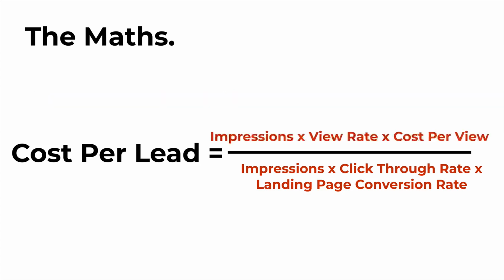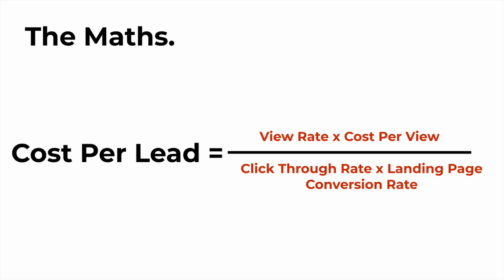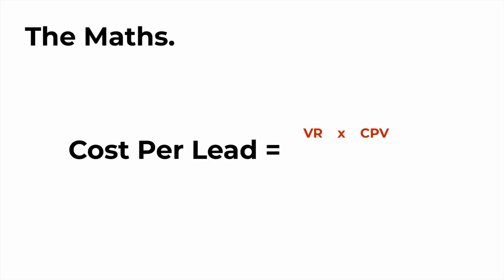If you remember your algebra days back at college, because you've got impressions above and below, you can cancel those out, which leaves you with view rate multiplied by cost per view divided by click-through rate multiplied by landing page conversion rate equals your cost per lead. Represented slightly differently, it's VR multiplied by CPV divided by CTR multiplied by LPCR, your landing page conversion rate. That is the formula that we started off with.